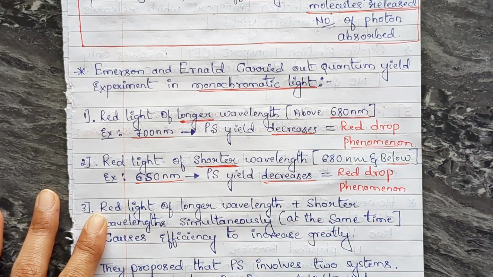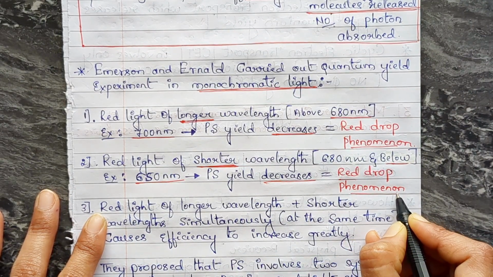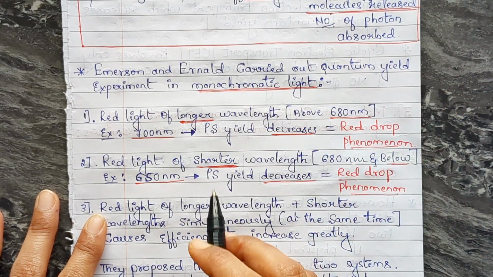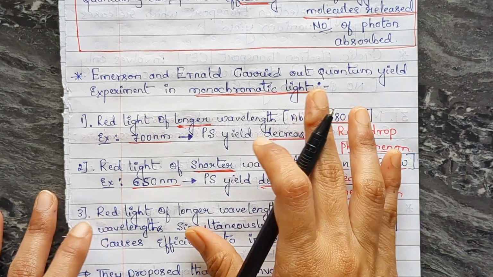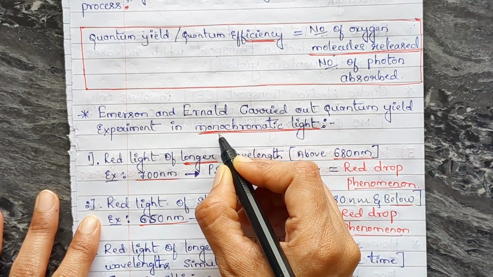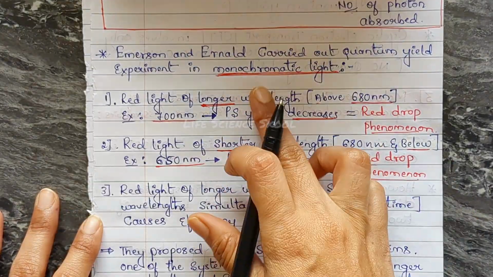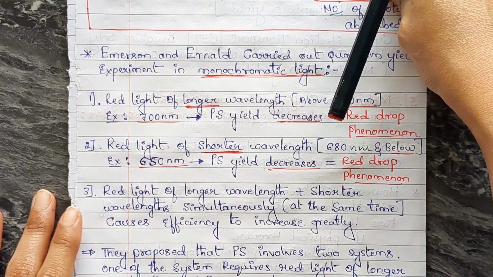There is a drop in the quantum yield, which is called the red drop phenomenon. Here red color, whether a longer or a shorter wavelength, gives a decrease in the quantum yield when they did the experiment using a monochromatic light. Mono means single chromatic light. So in these two sets, they didn't get the expected yield.